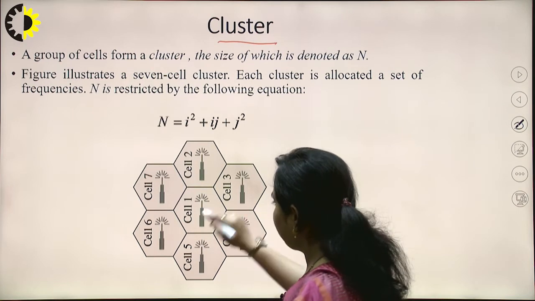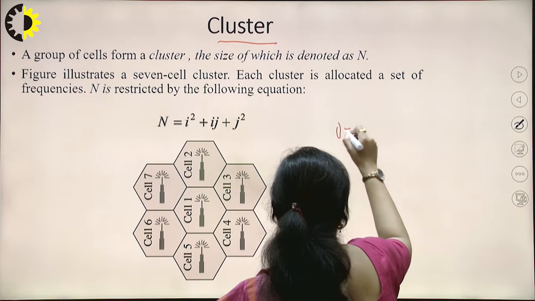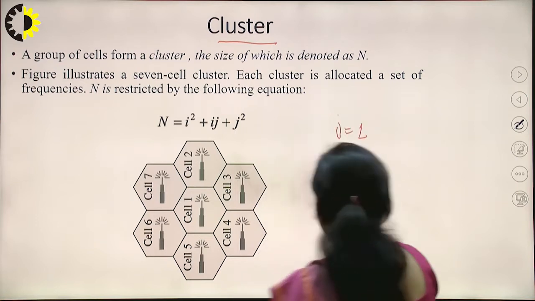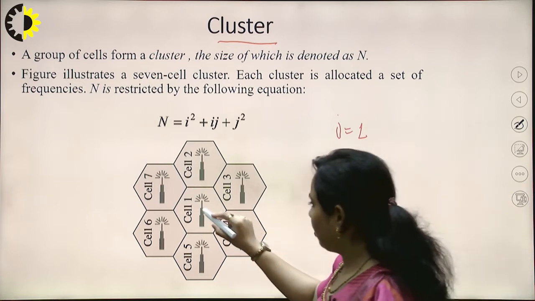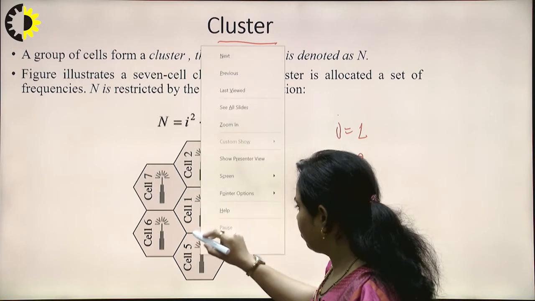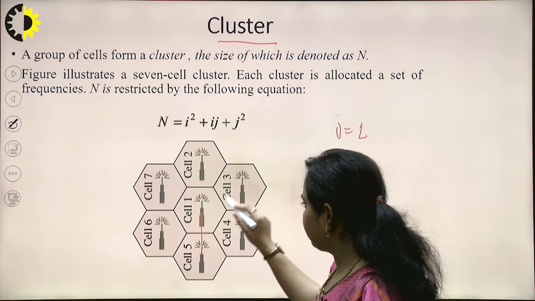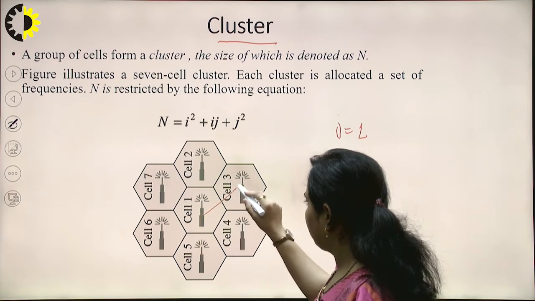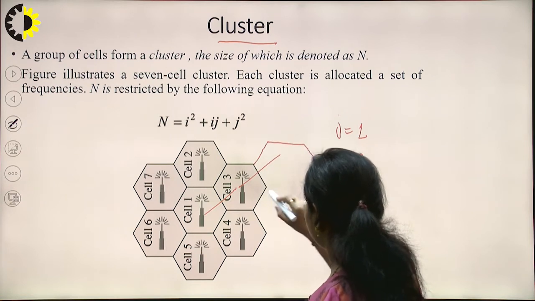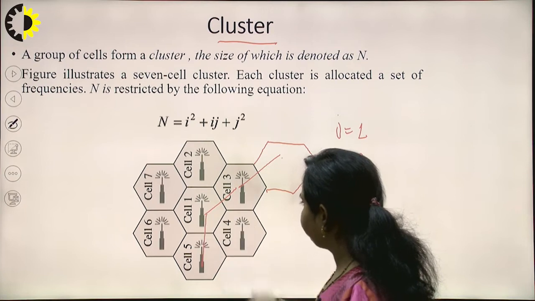i means, if I consider this cell as a center, I have to move. If I consider i equal to 1 and j equal to 2, then how has it to be solved? So i means I have to consider this place and move to its center with i equal to 1, then rotate 60 degrees and move 1, and then move second. Whatever cell is present here, this one is considered as the main cell.